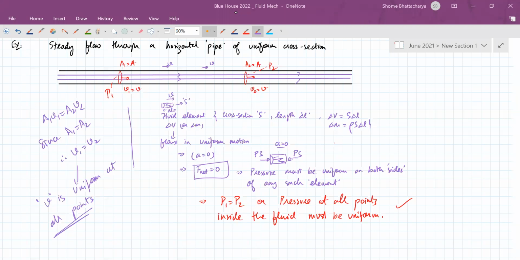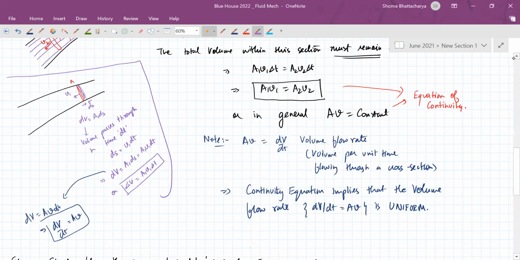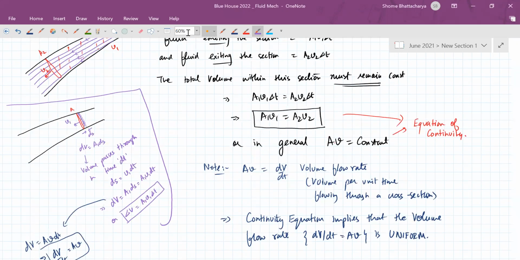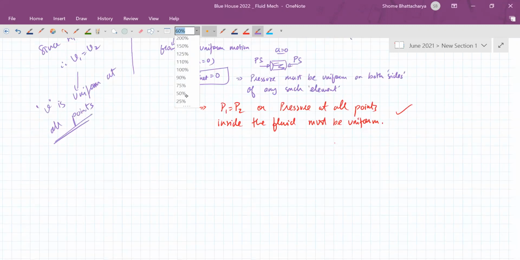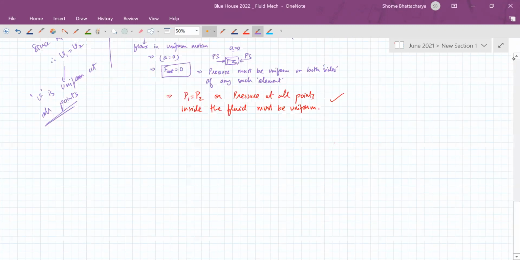Okay, now let's look at the next situation. Aditya, you didn't copy a few lines. Okay, I'll just scroll up. So this is the section about the continuity equation which we had discussed just before the application of this.